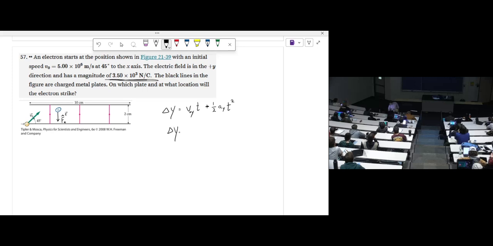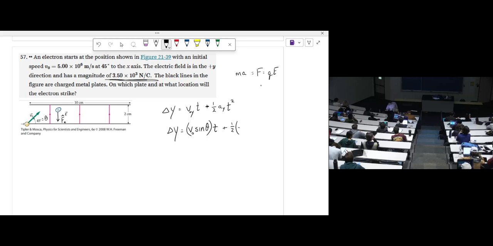Or delta y is equal to v naught times sine theta, where 45 degrees is theta, times t, plus 1/2 times minus, for the acceleration, we've got F equal to QE, and that's equal to MA.